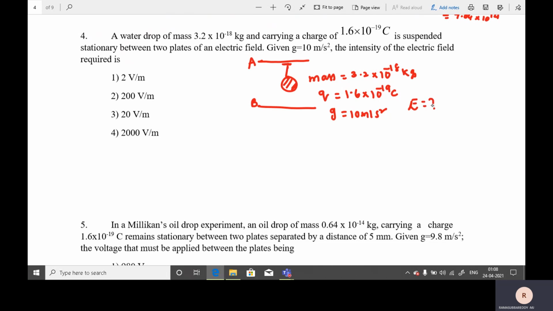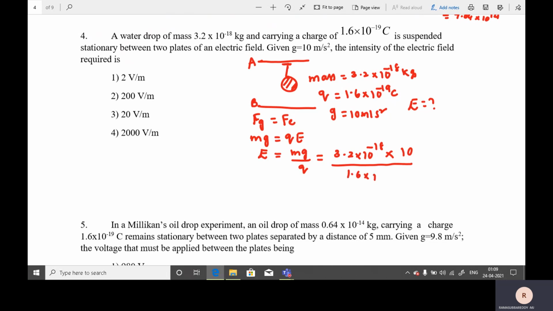Then the intensity of electric field. What is the electric field? We know when it is suspended, the gravitational force is balanced by the electric force, that is mg is equal to electric force qE. We need to find electric field E, that is mg by q. Then m is 3.2 into 10 to the power of minus 18 and g is 10 and q is 1.6 into 10 to the power of minus 19.